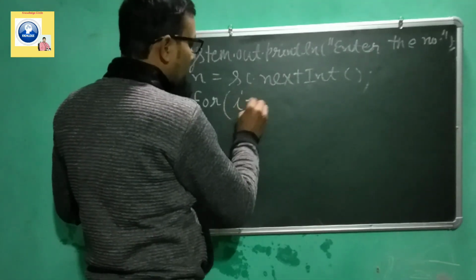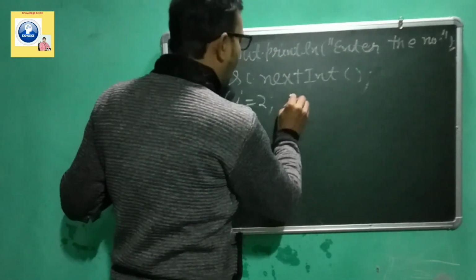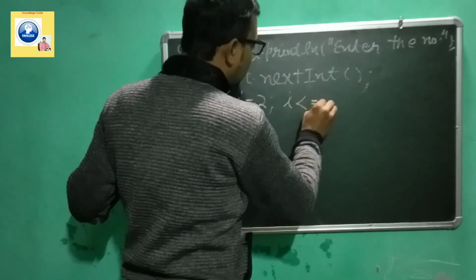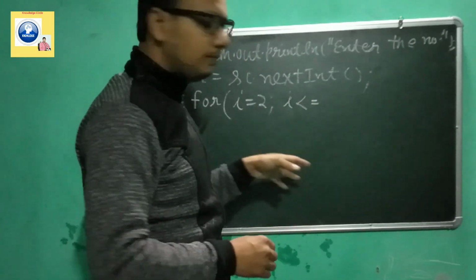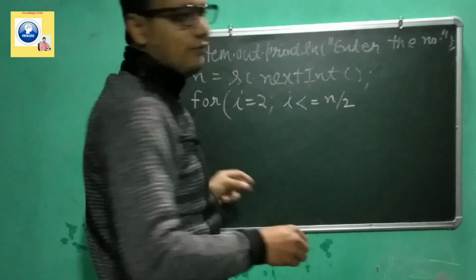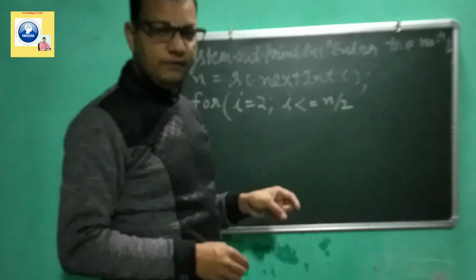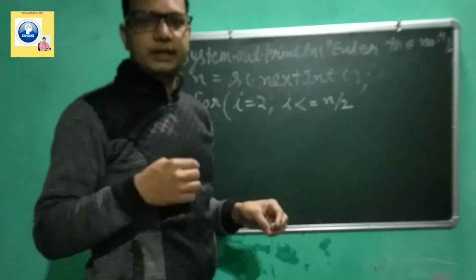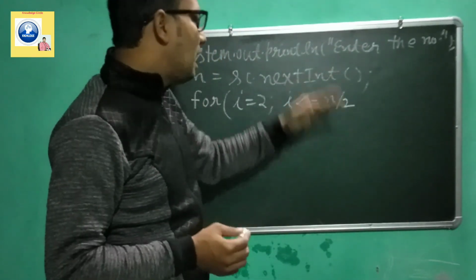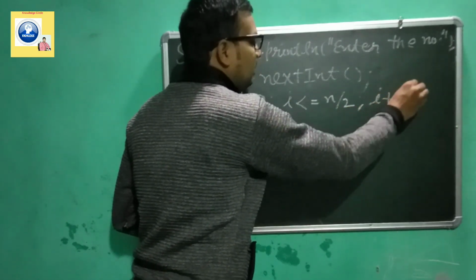Loop: i equal to 2, and i should be less than or equal to n divided by 2, half of the number. Suppose the number is 25 or 39 or any other number, the loop will run up to half of the number, and then i plus plus.